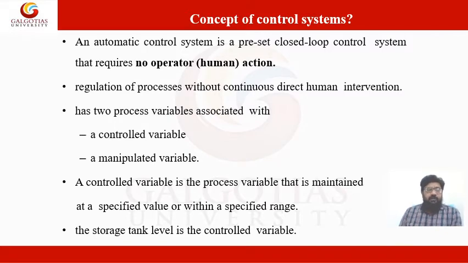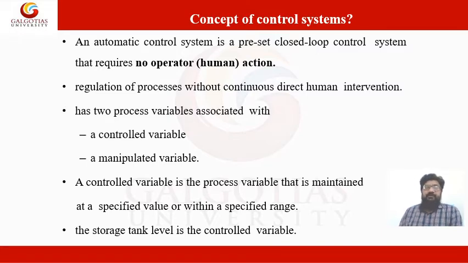Now we will talk about the concept of control system. So what is a control system? So basically a control system is a system in which some preset characteristic is required, and we do not need some operator or human actions.